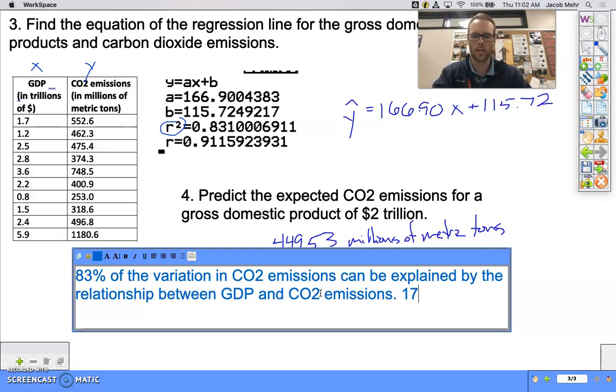That leaves what? 17% of the variation is unexplained.